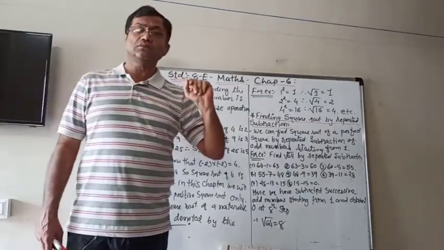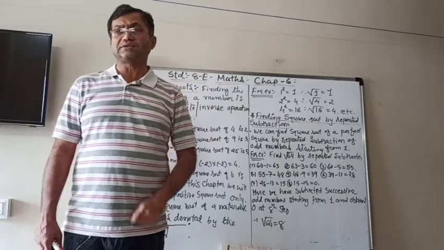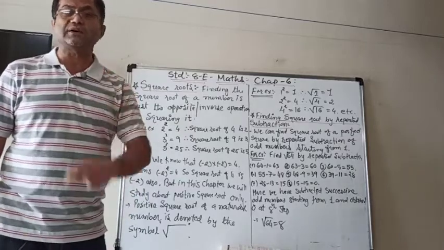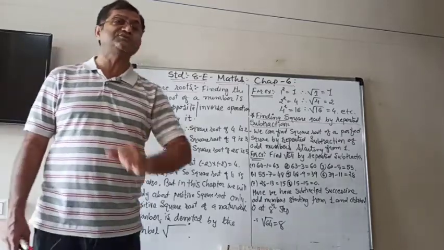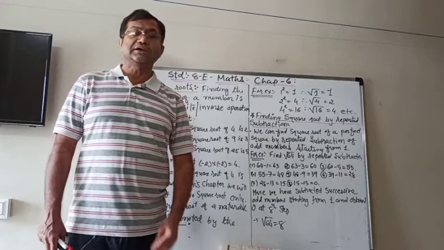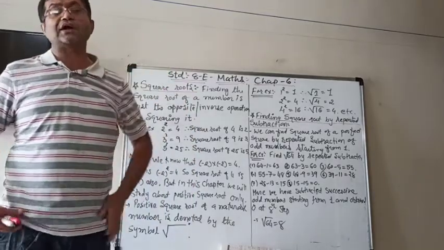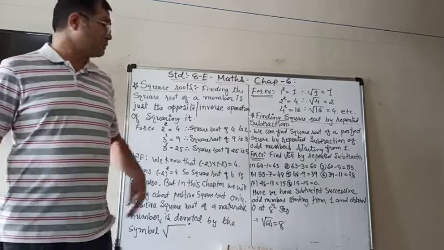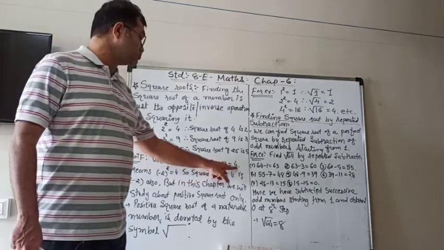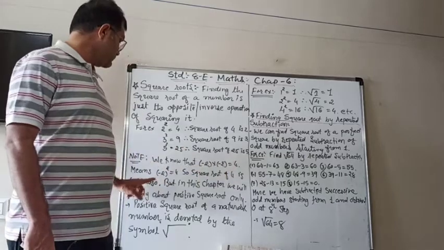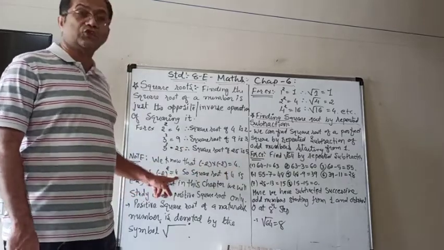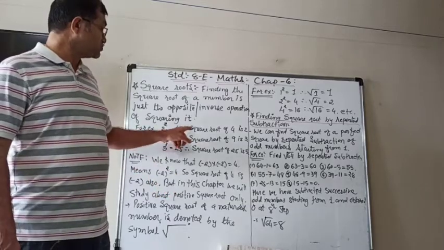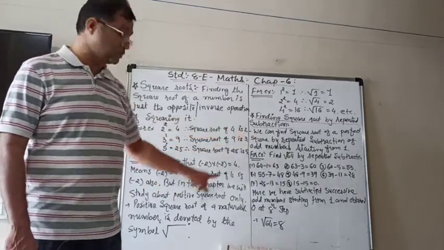But as we know, if you multiply two negative numbers, the answer becomes positive. Minus 2 multiplied by minus 2 is also 4, which means minus 2 square is 4. So we can write in reverse that square root of 4 is minus 2 also.